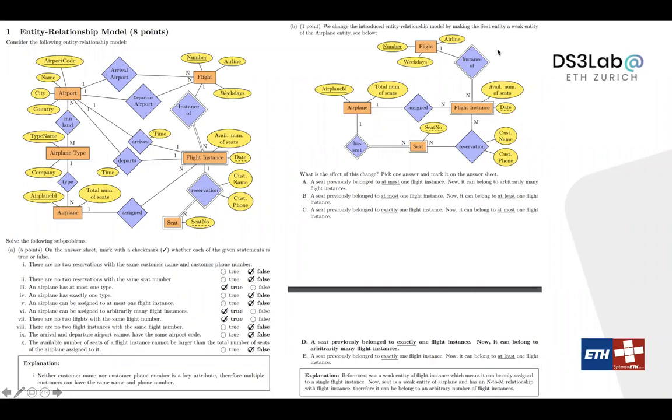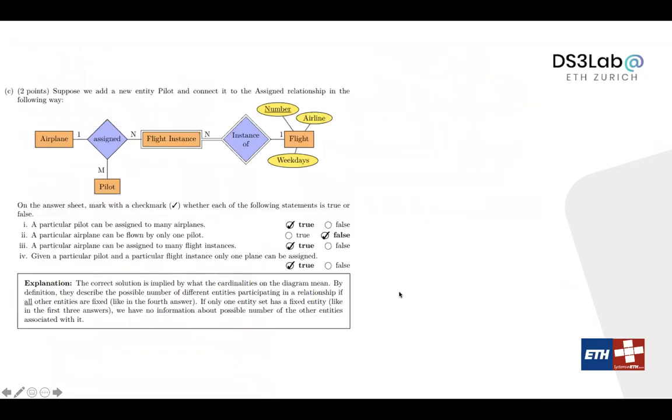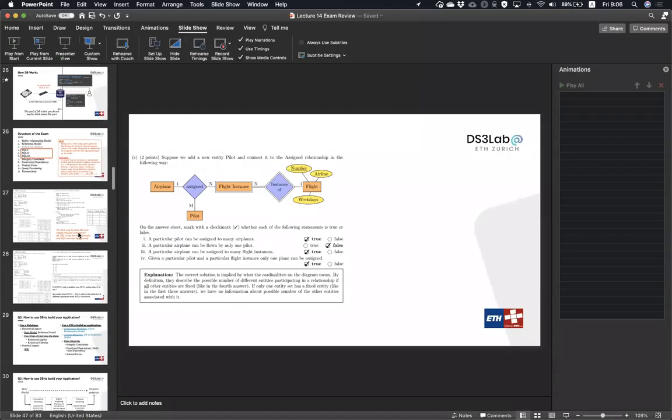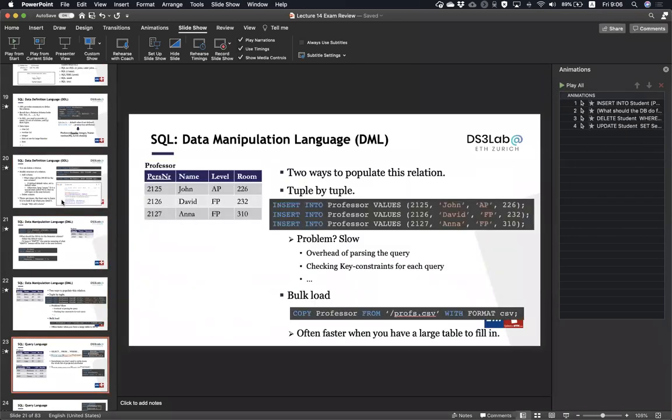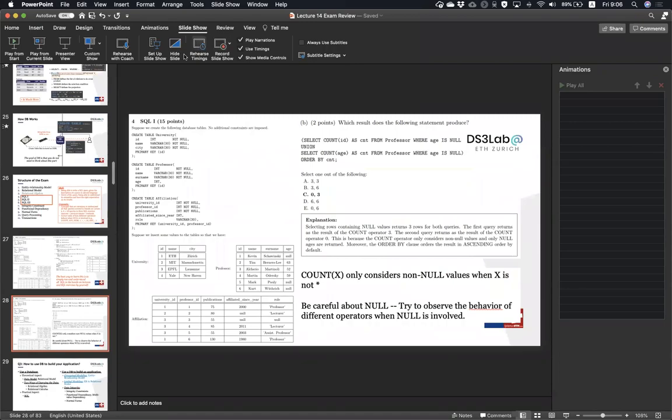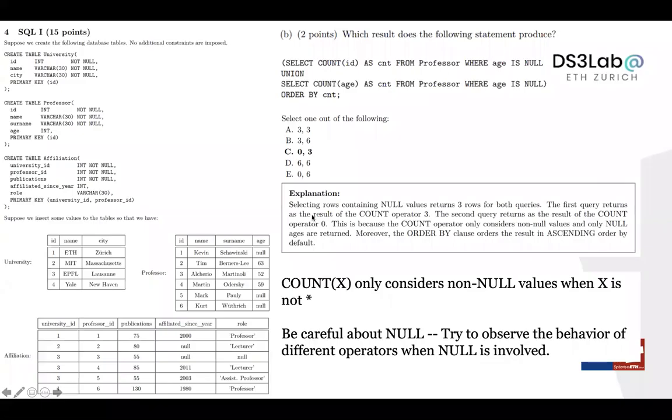I have a question on slide 28. I don't get why the answer is 0, 3. I get the 3, but I don't get why the other would be 0. The second query, I don't know why it returns 0. Give me a minute to read it.